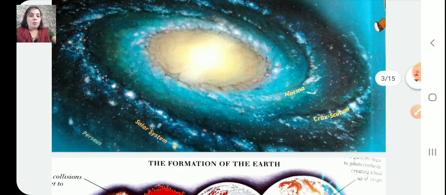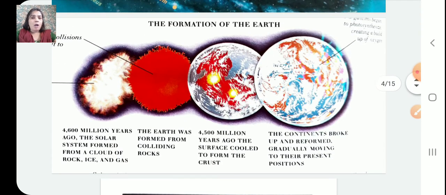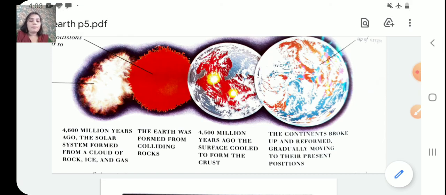Okay, now, do you know how the Earth was formed? The universe is a large and unimaginable expanse of atomic dust, gas, stars, dust clouds, galaxies, planets, and all living creatures, including us.